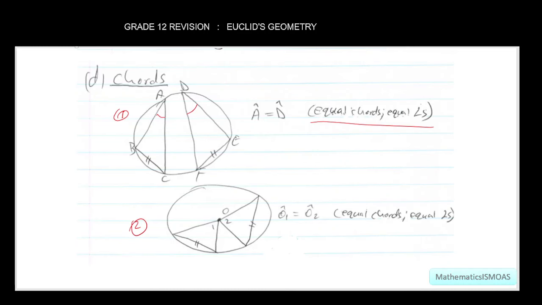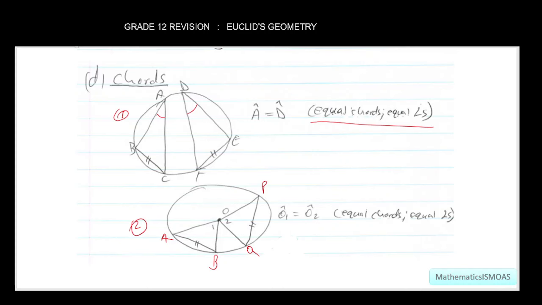And then diagram number 2, we are having triangle OAB, and also triangle OPQ. In the two triangles, you'll see that chord AB in triangle OAB is equal to chord PQ in triangle OPQ.